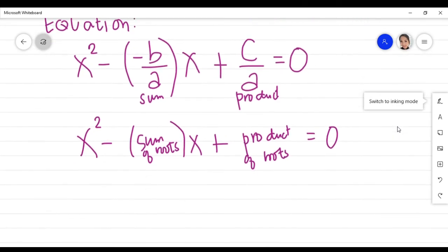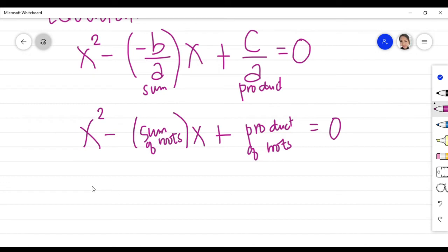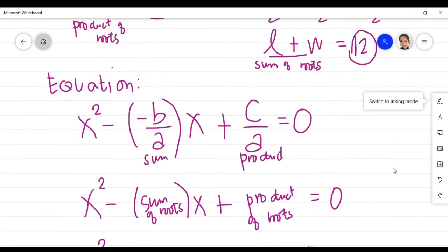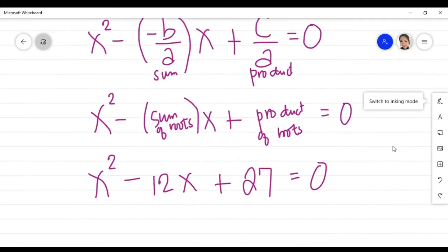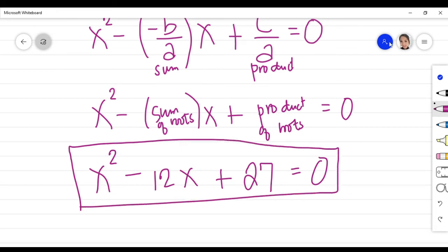So our equation must be x squared minus 12x plus 27 equals 0, right? Our sum is 12 and our product is 27. So this is our quadratic equation.